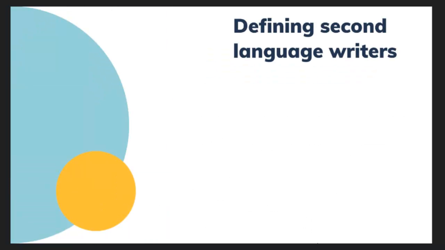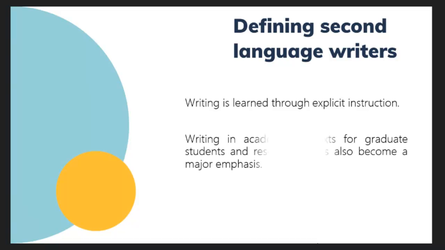And also, unlike speaking, writing has to be learned through explicit instruction, especially in academic genres. As we can see, recently there is a rise in concern about writing instruction in academic contexts, and this concern will then lead to approaches in teaching writing skills that we will discuss later.